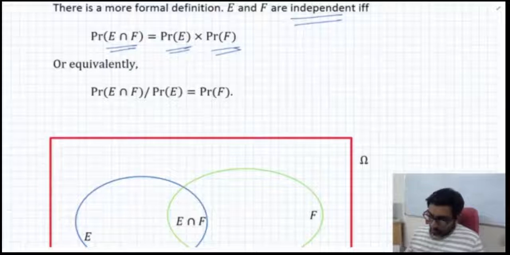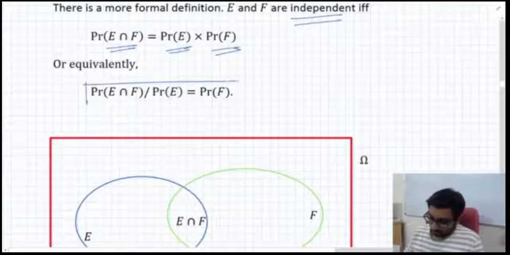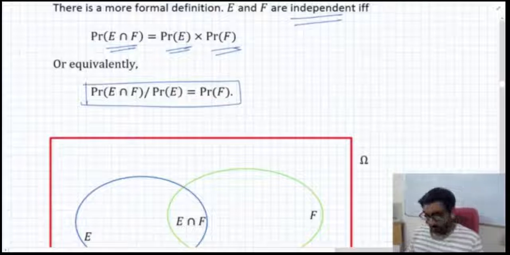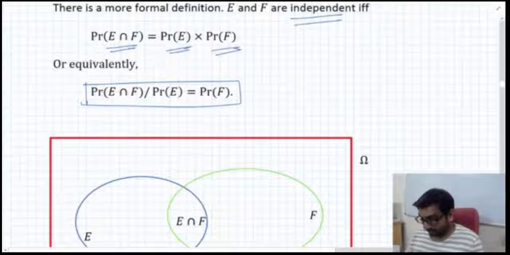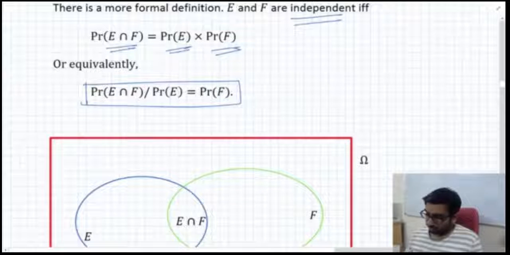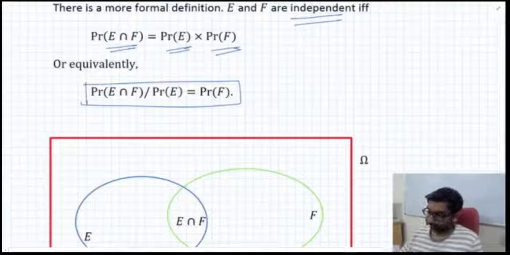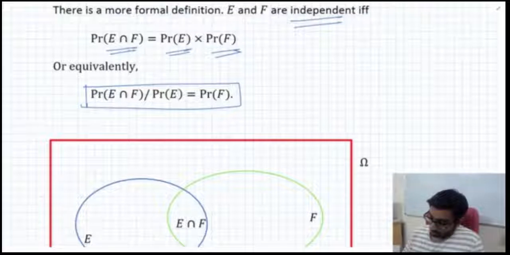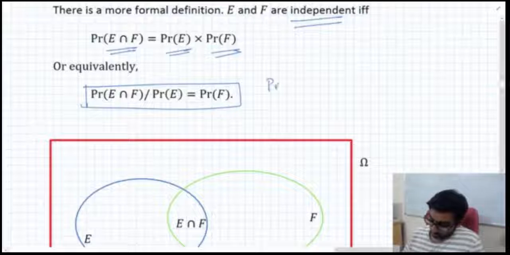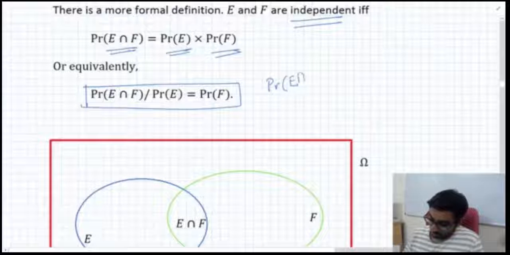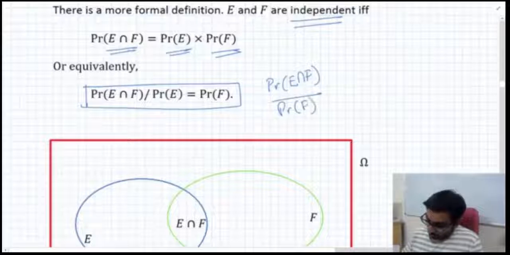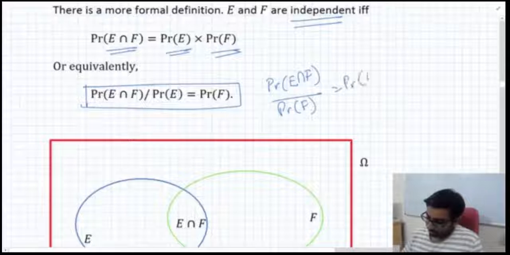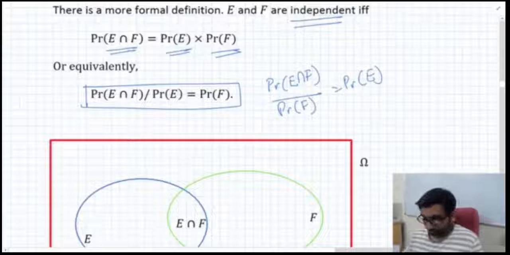Another equivalent way of stating it is, of course, probability of E intersecting F divided by probability of E equals probability of F. Or yet another way would be to say probability of E intersected with F divided by probability of F equals probability of E.